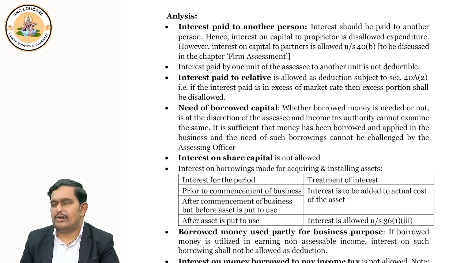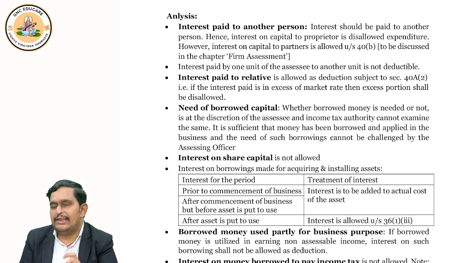So, can you earn income from yourself? The answer is no. So, that's why interest paid to a sole proprietor is not allowed as deduction. So, what is the requirement? There should be some lender and somebody who is going to take the loan. There should be some creditor, there should be some debtor. So, these are 2 different entities, right?